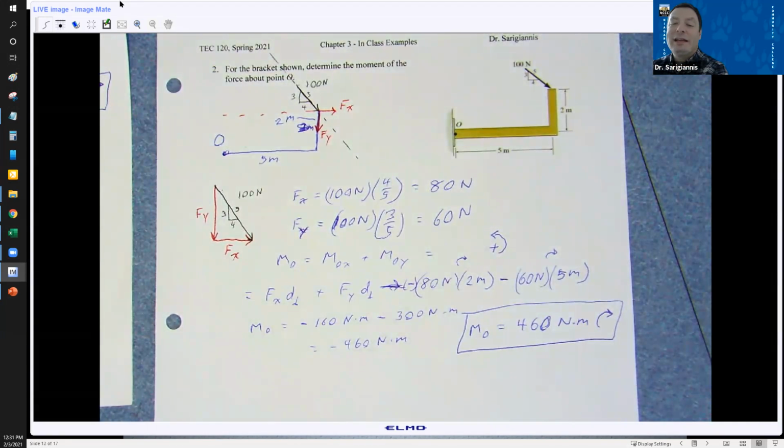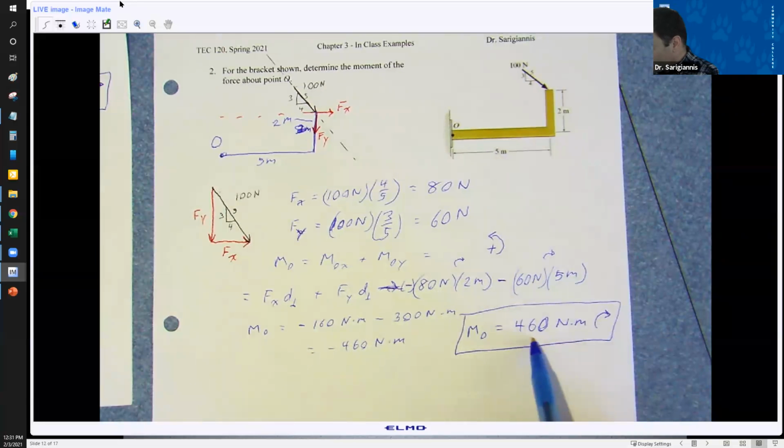So this is, again, keeping track of directions, and the way we do that is we use signs. The arrows are fine for reporting an answer.